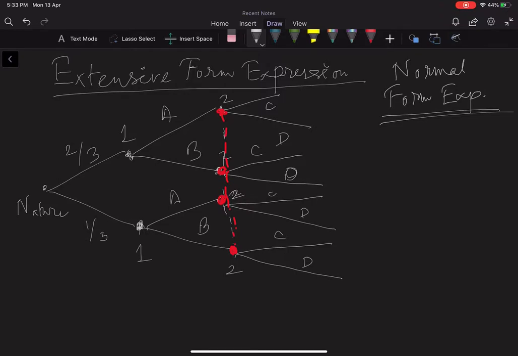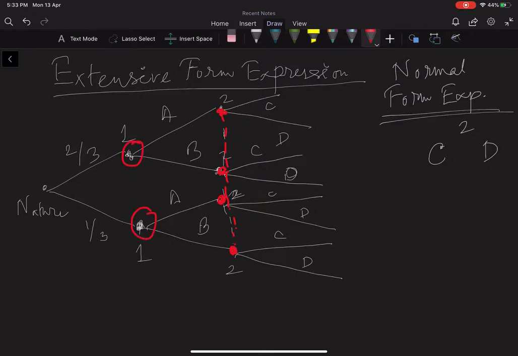So the first thing we have discussed is that player 2 has only one information set, and hence has only one action to choose when it has a chance to move, correct? So it can either choose C or D. So these are the two possible actions or strategies for player 2. Player 1 on the other hand has two information sets, at the top and here, right?